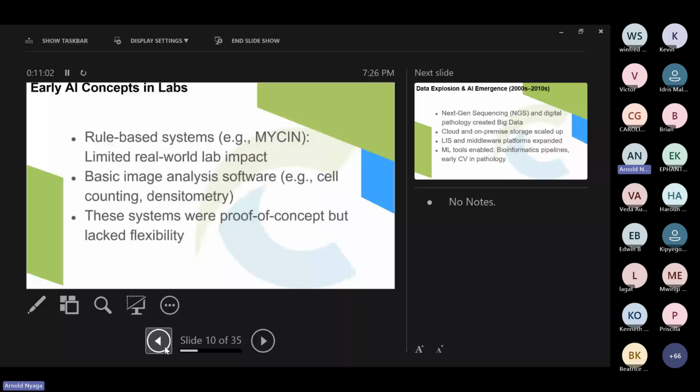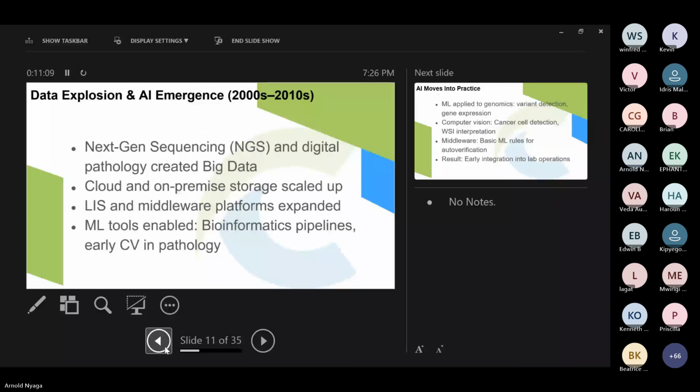Like in cytology. Then from the 2000s to 2010s, we started getting next generation sequencing and digital pathology, because now we were able to have this data. It became so big that we as human beings might not be able to synthesize all these data and give a report from it.